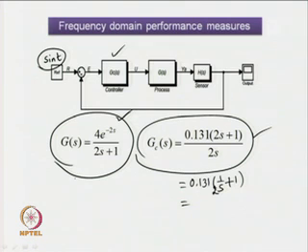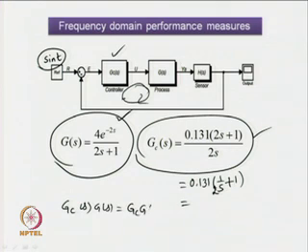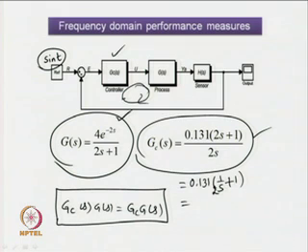What is the loop gain of this system? The loop gain of the system can be given as G C S G S, which can again be written as G C G. So, this gives the loop gain of the closed loop system.